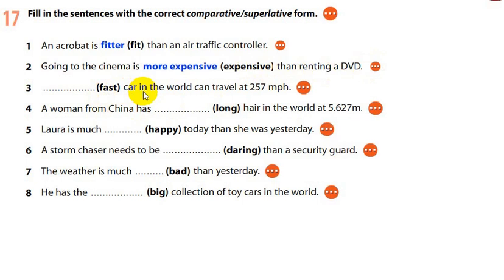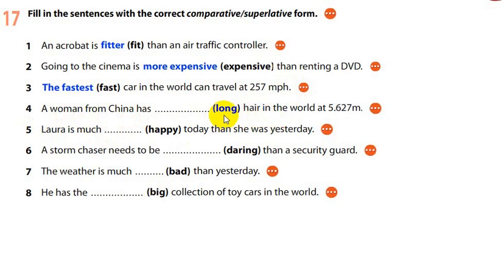The fastest car in the world. It's a superlative form, so we must use the, of course, and fast is a short word, the fastest. A woman from China has the longest hair in the world. Again, superlative form about hair.